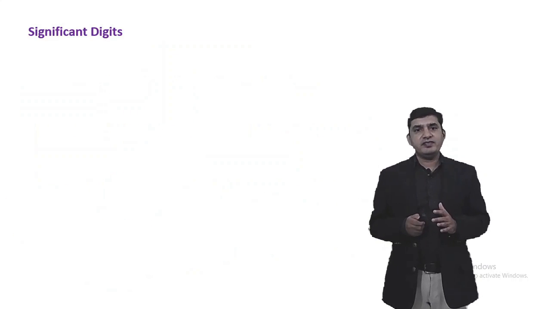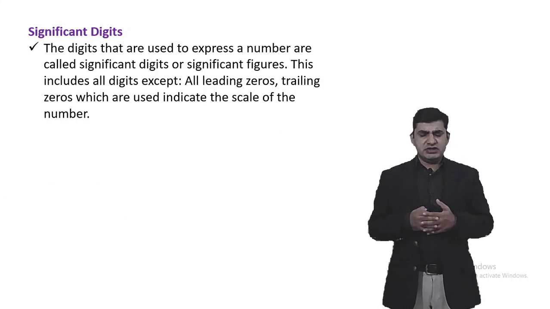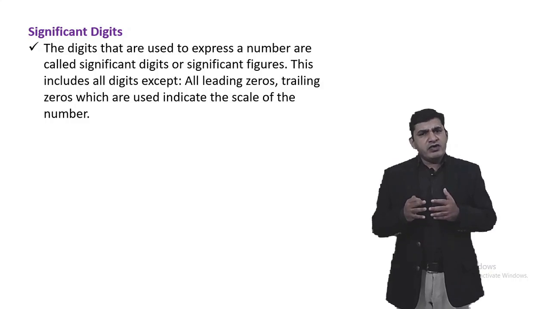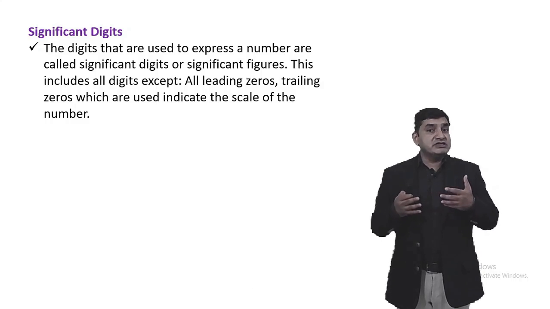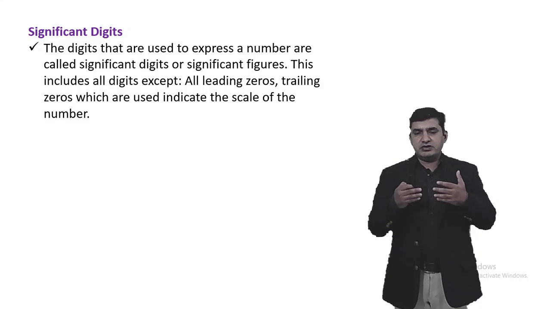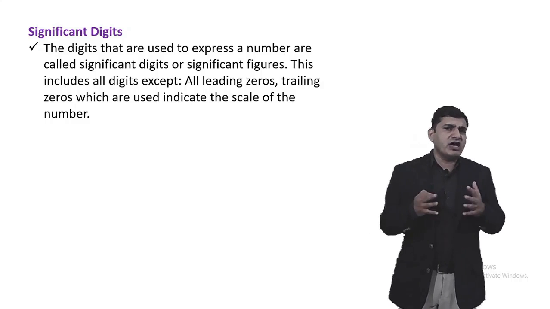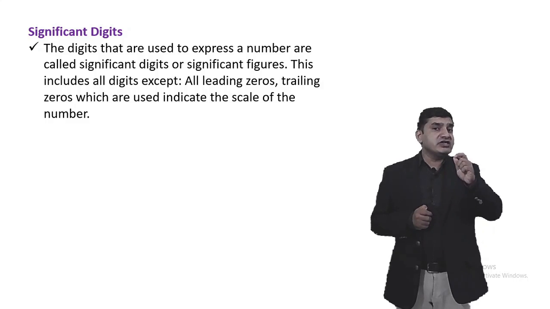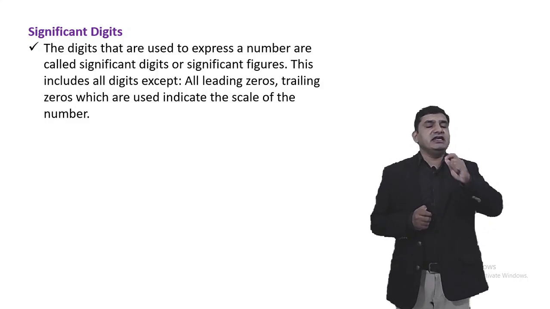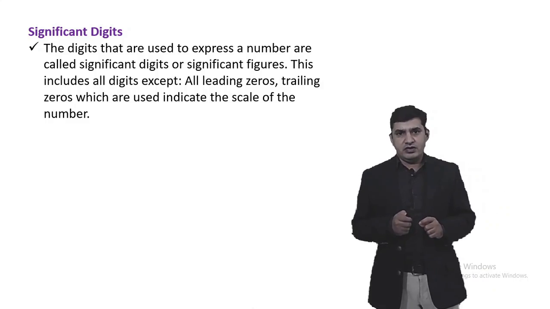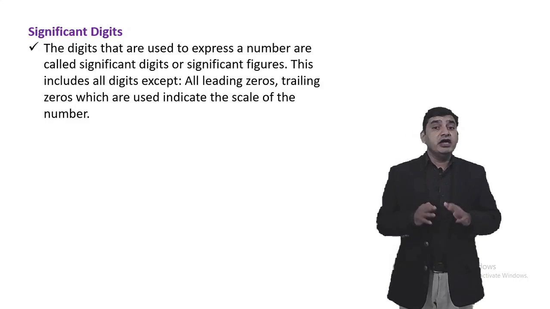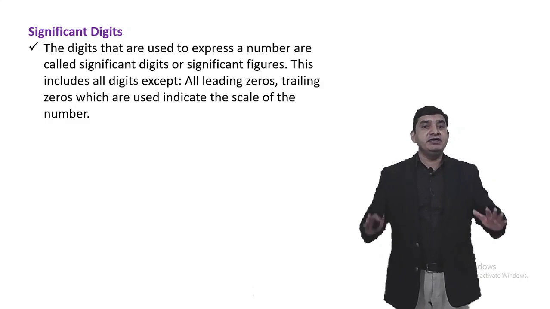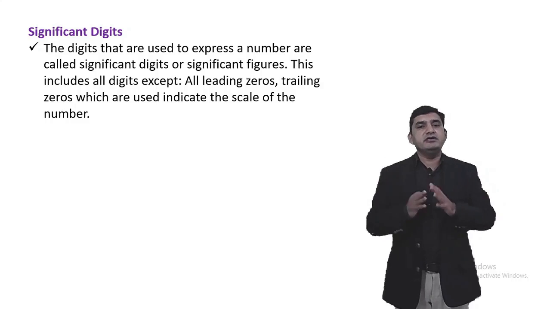Now, what is a significant digit? We know that when we have to measure some value, the digit has some significance in a measurement. But it does not necessarily denote a certainty.